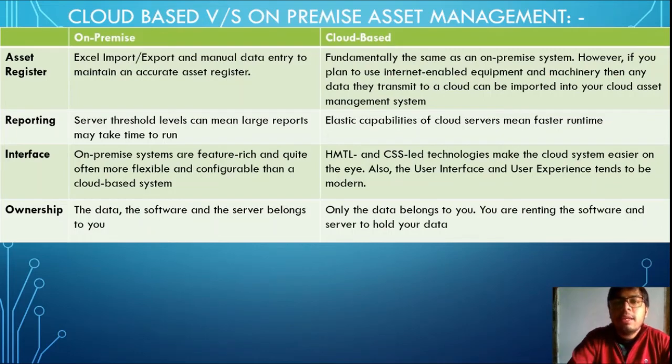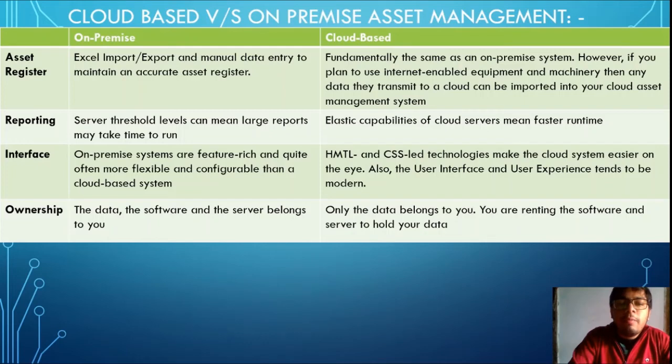On-premise asset management is for when you are a small business situated in a single location, not in different locations. Before cloud computing was introduced, many big industries and businesses used on-premises, and they were connected to a network, so they could share the data, but the process was slow and very costly.